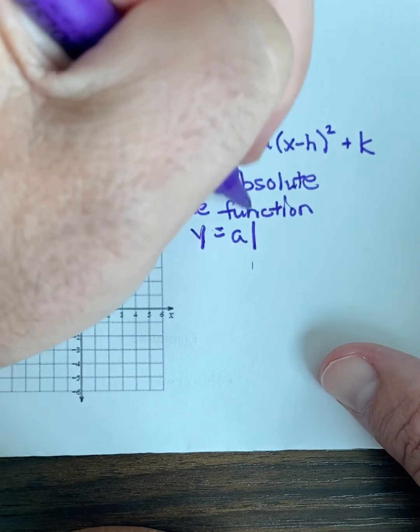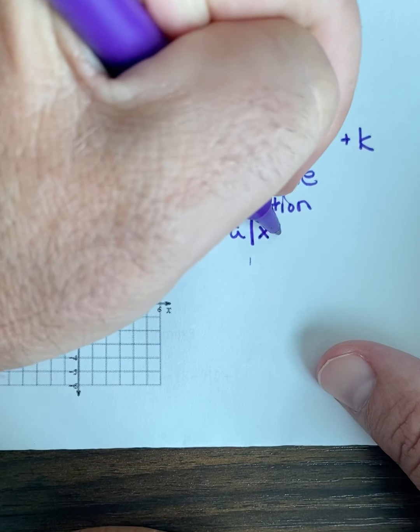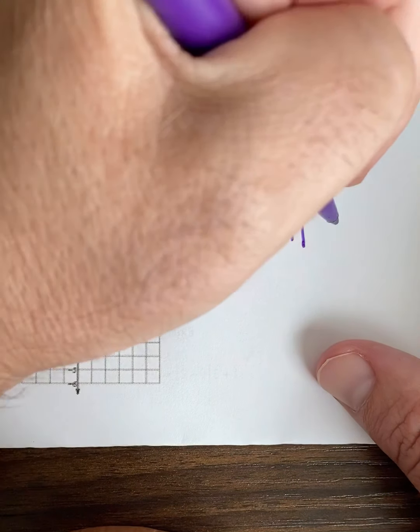Make sure to make your bar nice and long there so it doesn't look like a 1. x minus h, and then the closed absolute value plus k.